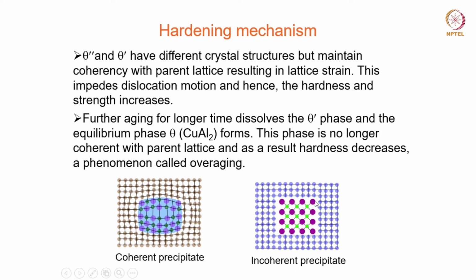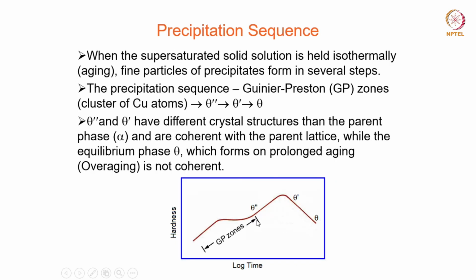So there is no difficulty for the dislocations to move through this particular phase, and as a result of that, the hardness comes down, as you could see from here, right? After the theta prime phase, when the equilibrium phase theta forms, the hardness also comes down.